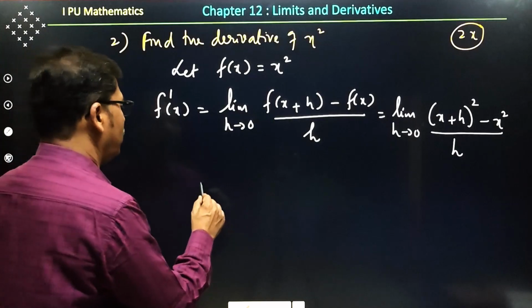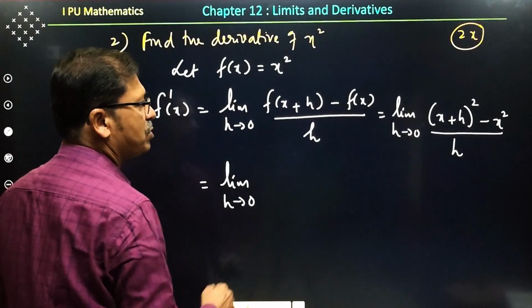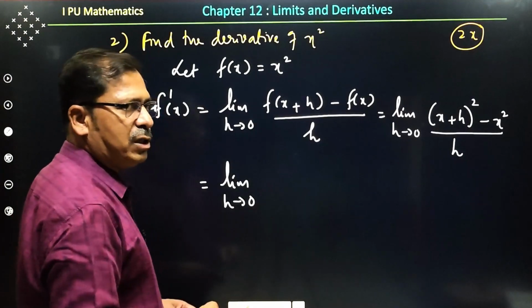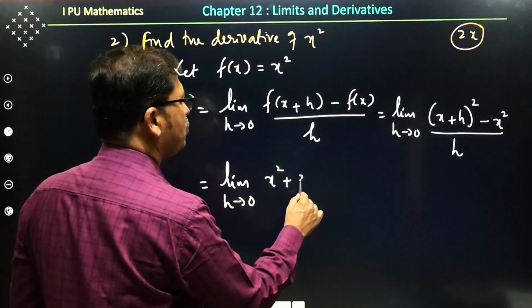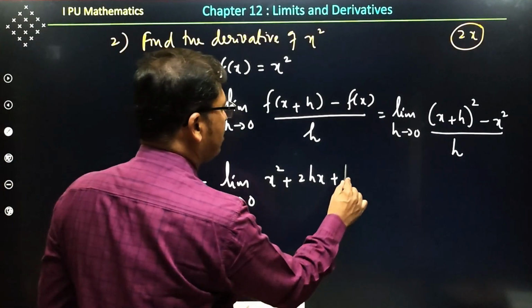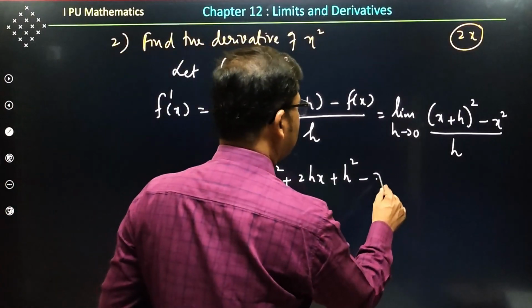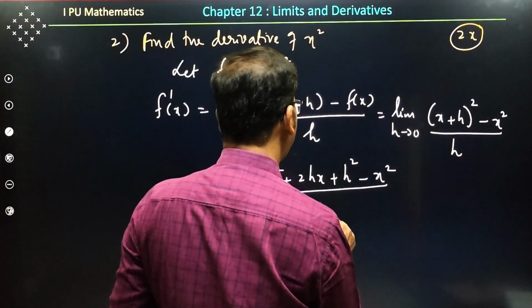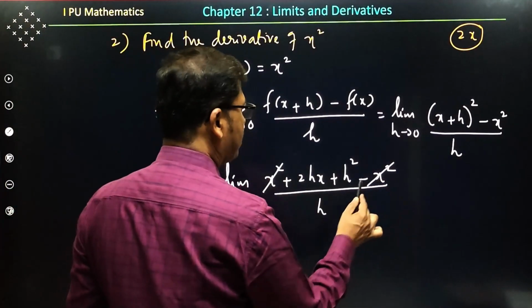So this is equal to limit h tends to 0. Expand that by using the formula (a plus b) whole square. So this is x square plus 2hx plus h square. a square plus 2ab plus b square. Next minus x square, whole divided by h, you can write. Now it is the time to eliminate plus x square and minus x square.